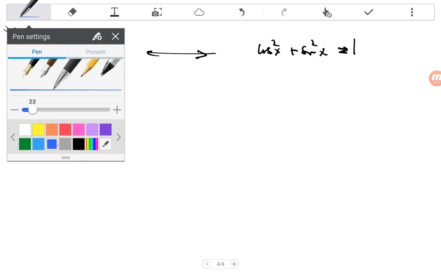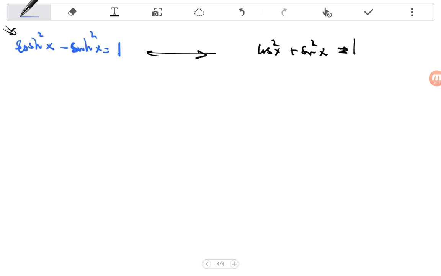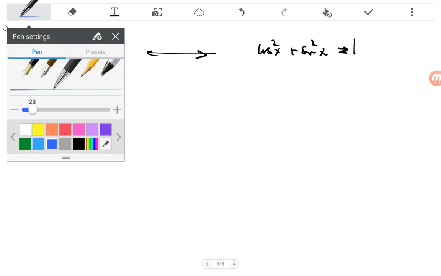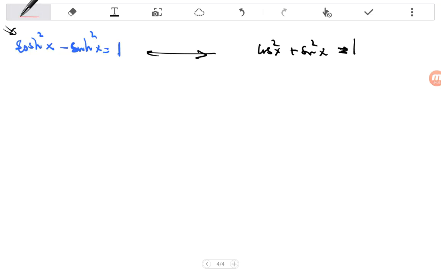Now, there is a rule that lets me know the analogous rule for any trigonometric rule that I have learned before. For example, I have learned that 1 plus tan squared x is just equal to sec squared x.